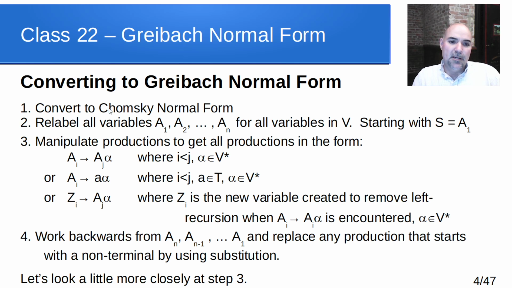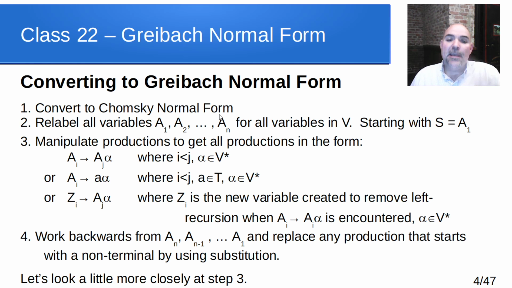So step 1, convert to Chomsky normal form. If you remember how to do that, we basically have to get rid of all useless productions, all unit productions, all lambda productions, and then we have to make new variables for every one of the terminals. So T sub A, T sub B, and so forth. And then we need to substitute those into the right-hand sides of all the other productions that have terminals in them, anything other than just one terminal.